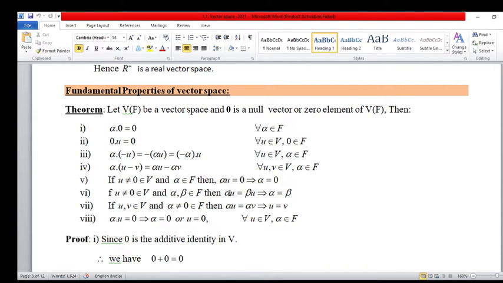This condition shows u is non-zero, so alpha is equal to beta. Seventh part: if u, v belong to V, we have two vectors in V, and alpha is non-zero, then alpha u is equal to alpha v. Alpha is non-zero, so u is equal to v. Both vectors are the same, here the scalars are the same.